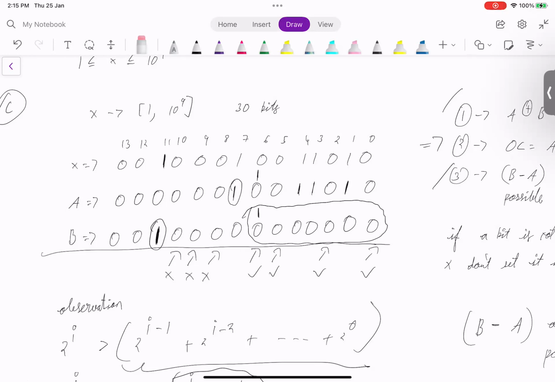It will still be less than X. So that is the reason why we can make all the zeros after the second MSB in X to ones in both A and B.